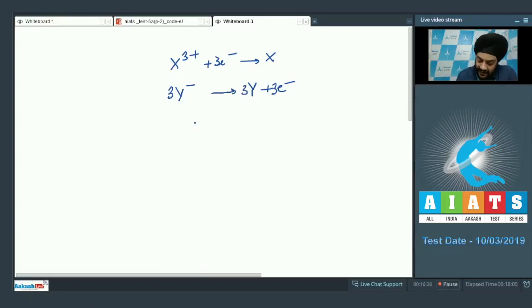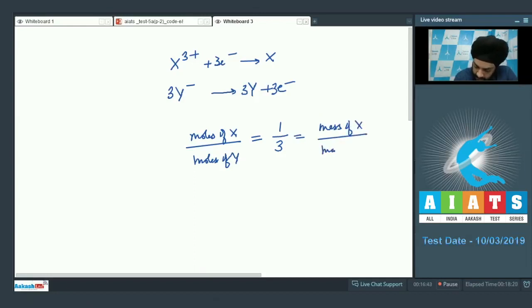So we can see that the moles of X to moles of Y is given by 1/3, and this is also the mass ratio. So the mass of X upon mass of Y deposited is equal to 1/3, which means that the molar masses of X and Y have to be the same. So it follows that the molar mass of X is equal to Y.